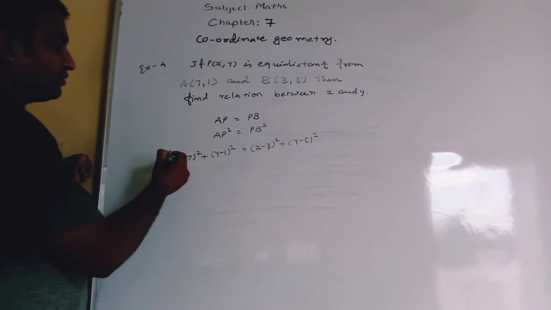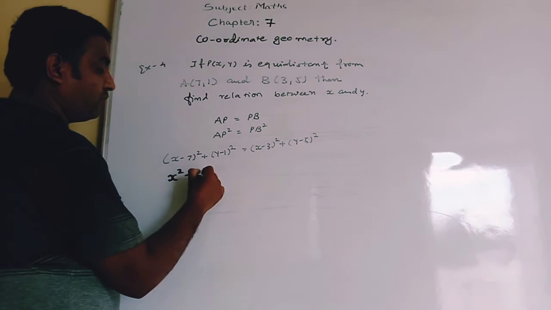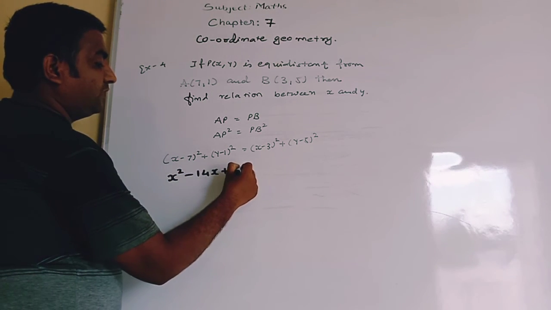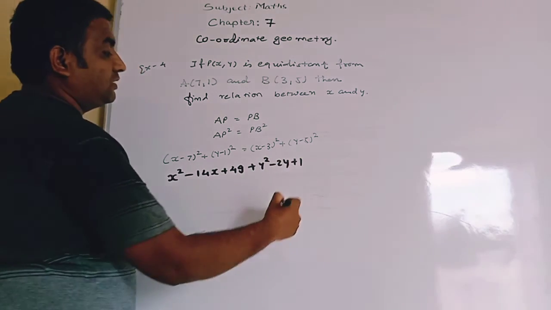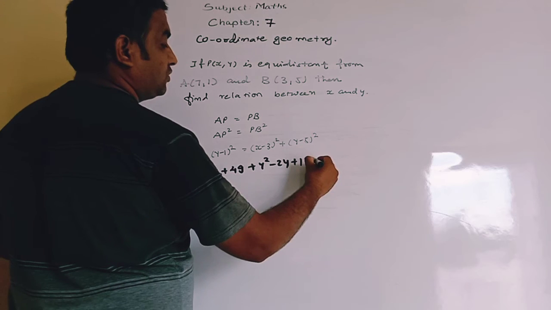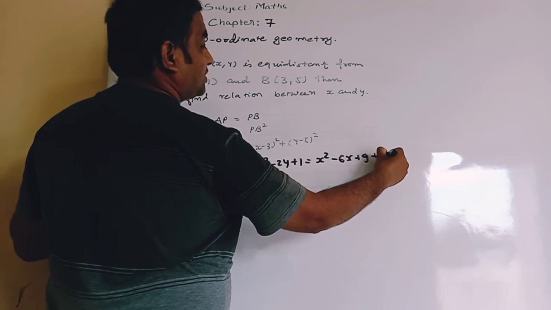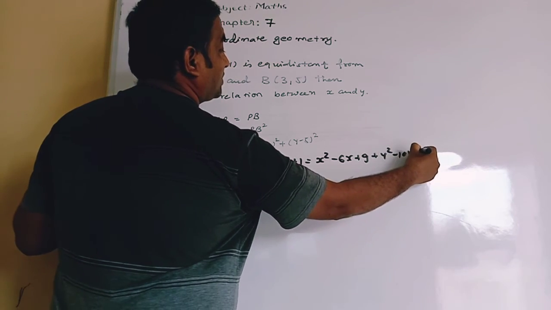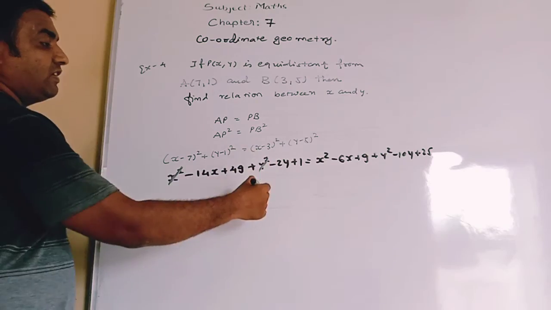So (x - 7)² we expand: x square minus 14x plus 49 plus y square minus 2y plus 1 equals x square minus 6x plus 9 plus y square minus 10y plus 25. So both the sides x square and y square will be cancelled.